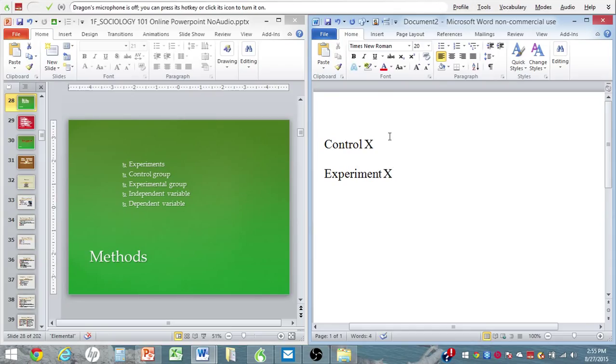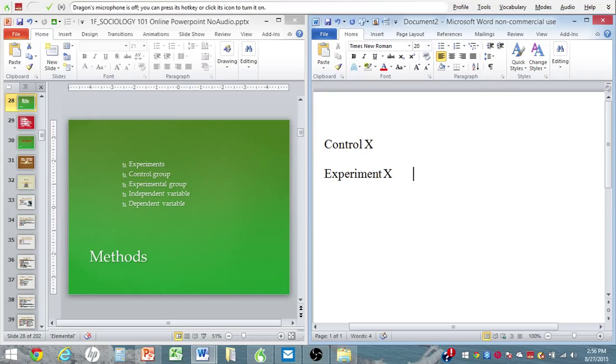Your control group are being told that they're getting some type of benefit or maybe medication. And your experimental group is actually getting the benefit, the medication, whatever it is. So you have these two groups, and you have one group who gets the medication.